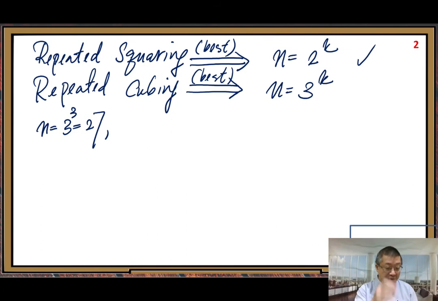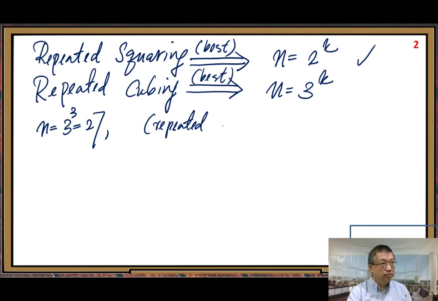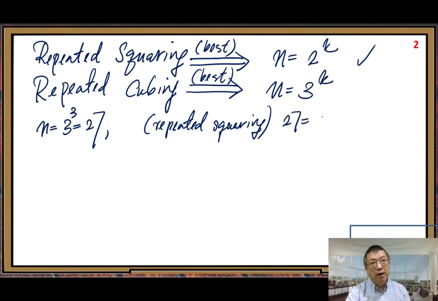So let us apply repeated squaring first, to get our first answer. 27 equals, breaking it into a sum of powers of 2, 16 plus 11, and 11 is 8 plus 3, and 3 is 2 plus 1.